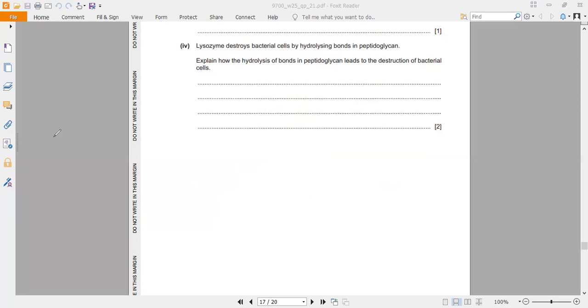Hydrolyzing these bonds breaks the cross links of the wall, and bacterial cells typically have a much higher internal solute concentration than their surroundings. Without a strong cell wall to resist internal pressure, water enters the bacterium via osmosis. This causes the cell to swell and eventually burst, destroying it. I have explained, but briefly I will write the answer.